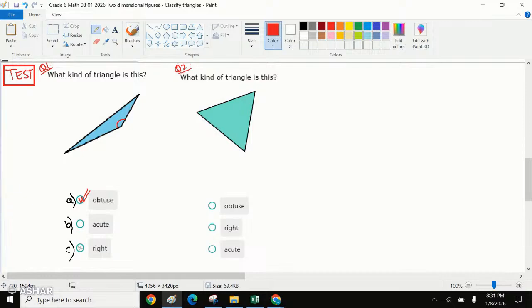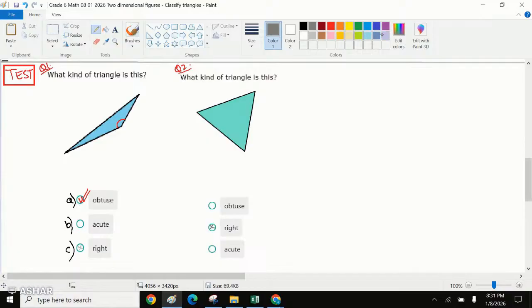What about this? In question number 2, do we see any right angle, 90 degrees? No, we do not see any 90 degrees. What about the three angles? Do we see even a single obtuse one?